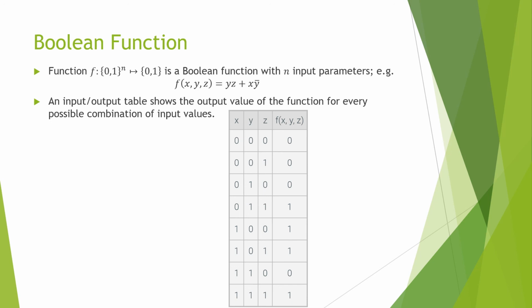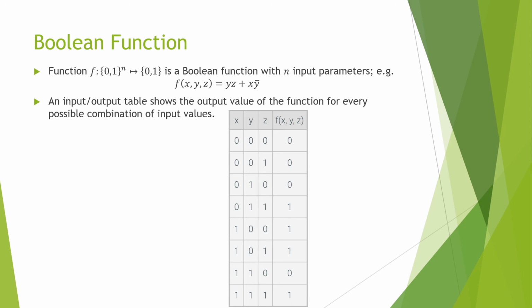Since we have 3 input variables x, y, and z, there are 8 possible combinations of input values. The first combination is 0,0,0, 0,0,1 is the second one, 0,1,0, 0,1,1, 1,0,0, 1,0,1, 1,1,0, and 1,1,1. It is similar to a truth table, but instead of true we have 1, instead of false we have 0.